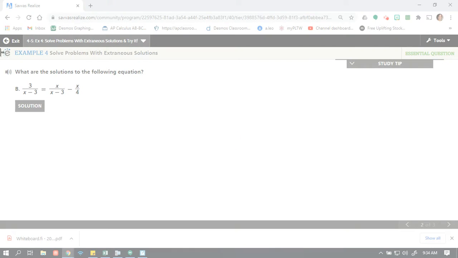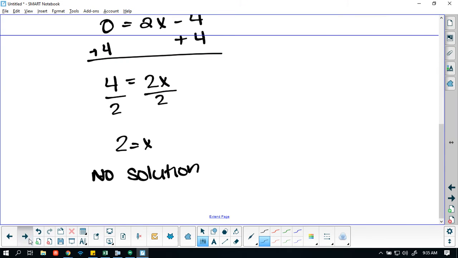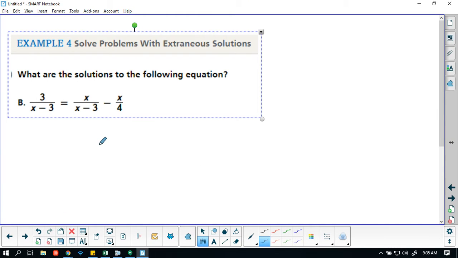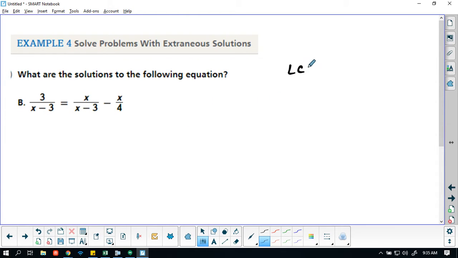All right, so let's look at part B. What are the solutions to the following equations? Again, we need to find the least common denominator or the least common multiple. In this case, we have two different types of factors. The first factor that we have is x minus 3, and the second type of factor we have is 4.